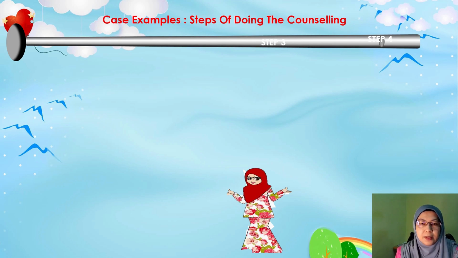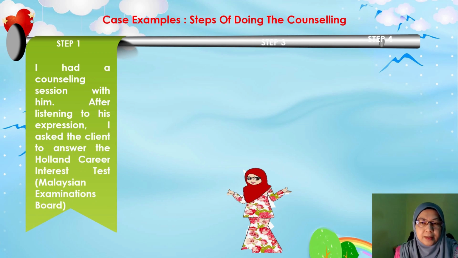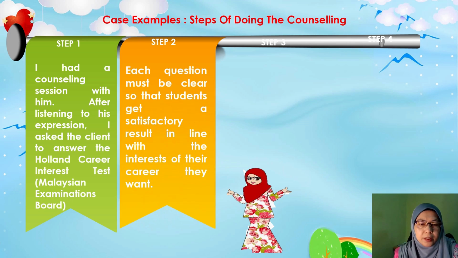Example, steps of doing the counseling. Step 1, I had a counseling session with him. After listening to his expression, I asked the client to answer the Holland Career Interest Test.